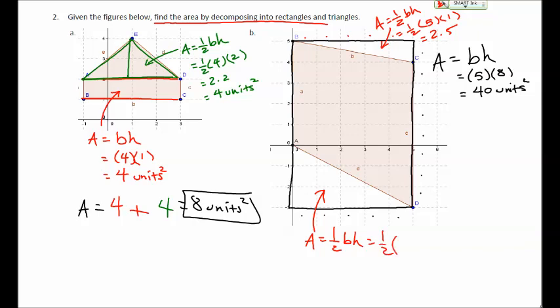The base of this triangle is the same as the rectangle, it's 5, and the height is 3, and so I get 7.5 for this triangle. So I simply take the 40, the area of the rectangle, and subtract 2.5 and 7.5, which together makes 10. And so 40 minus 2.5 minus 7.5 gives me 30 square units.